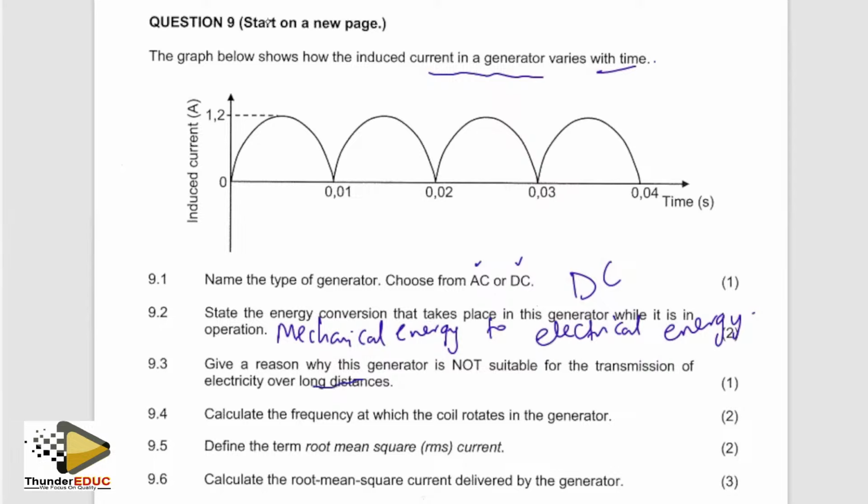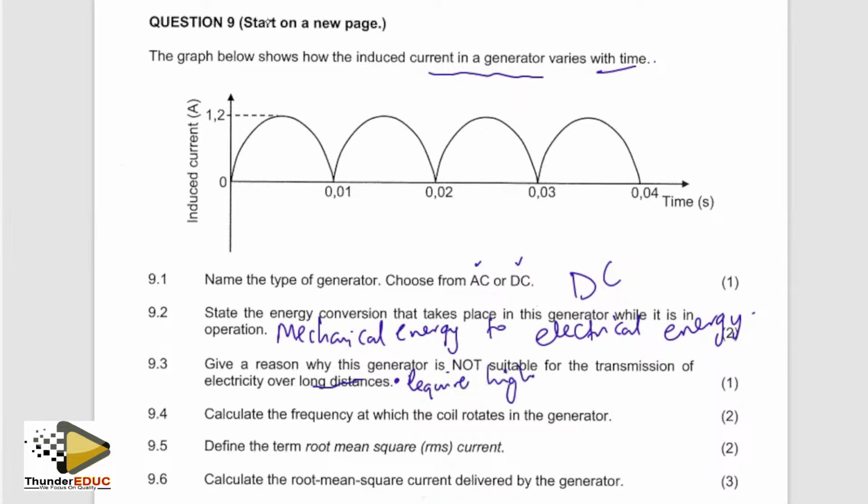What we know about these generators is that there's going to be higher losses. That's number one. Number two, it requires a lot of current.